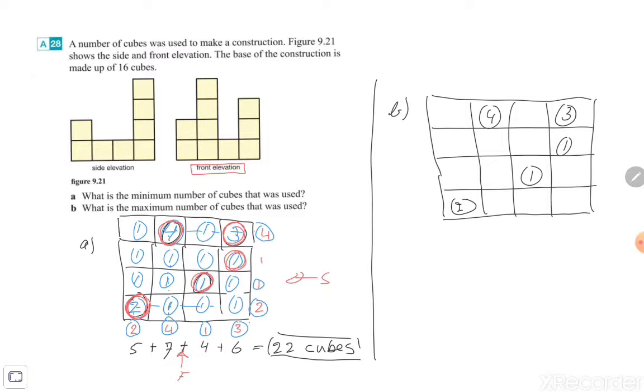So we already have the very important buildings of cubes, and now we're going to add the rest of the numbers, and we still need to make sure that the number of the elevation is still correct. So this needs to be 2, this needs to be 4, this is 1, 3, this is 2, this needs to be 1, 1, and there's 4.